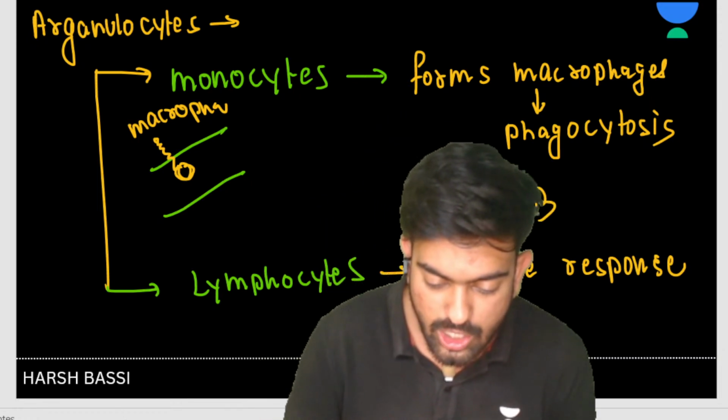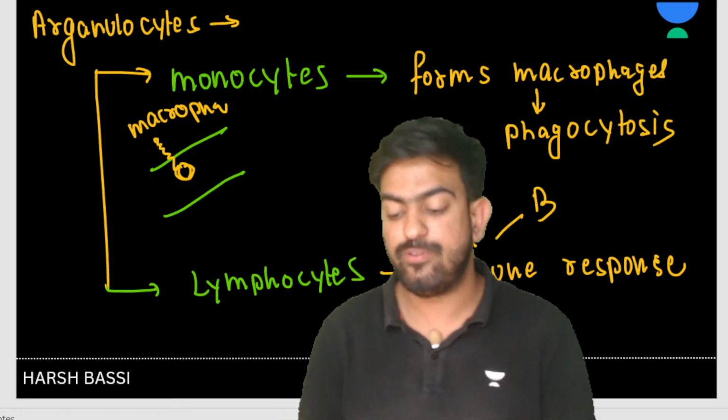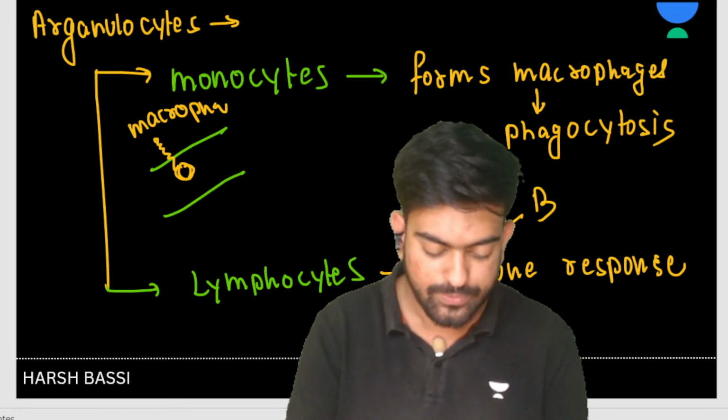Let us understand T lymphocytes and B lymphocytes a little. T lymphocytes help in cell mediated immunity, CMI. Yes or no?